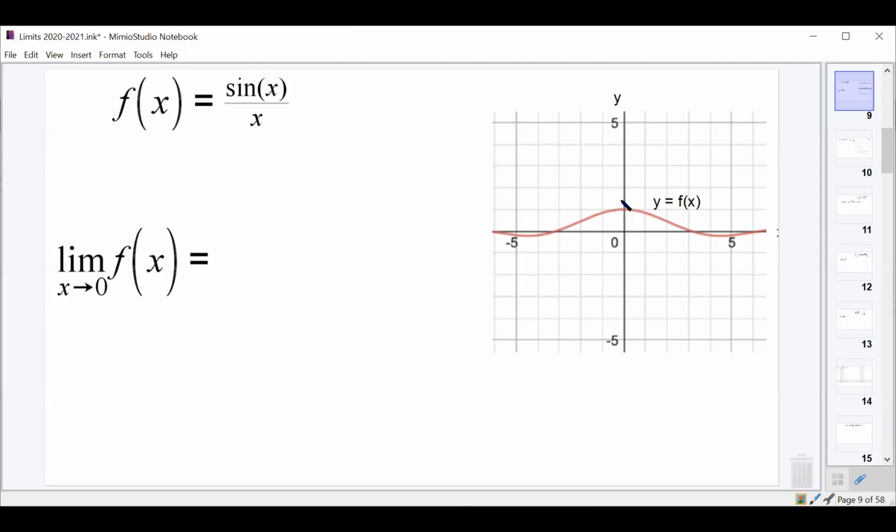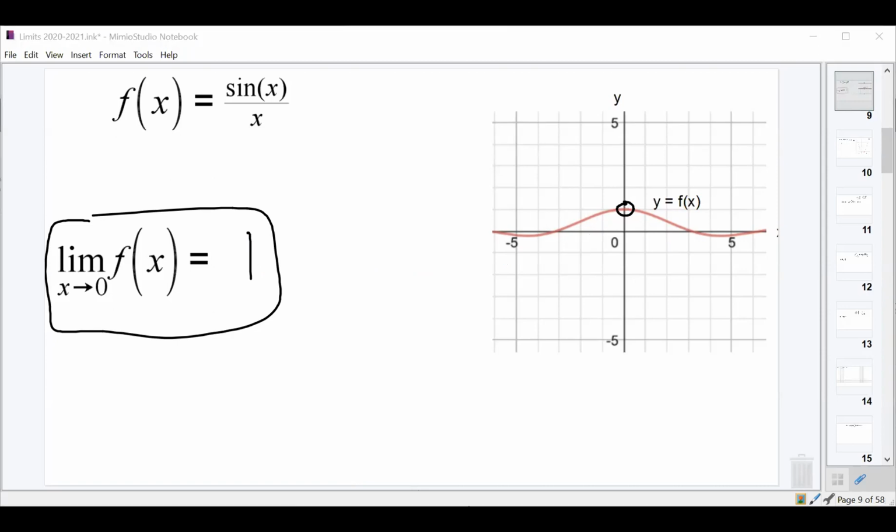There's actually a hole right here at x equals 0. So it's hard to tell what's going on here. Now, I'll tell you this, the answer to this is 1, but we can't be sure of that without having some algebraic way to figure it out.